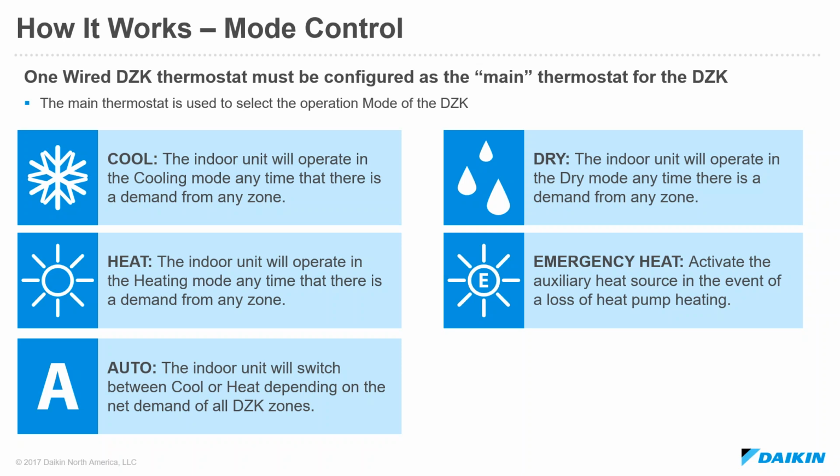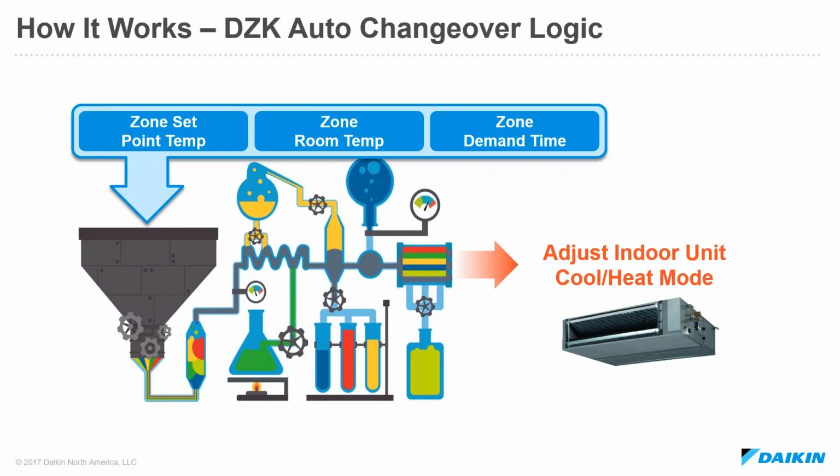So I do want to describe the auto mode in a little bit of detail. The auto mode essentially takes the sort of aggregate demand of all of the different zones that are connected to that DZK, and it looks at each zone's set point temperature, each zone's room temperature, and then there's also a time aspect associated with calculating what these demands are for each zone.